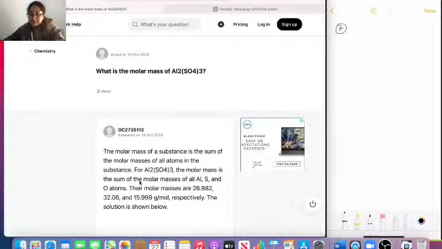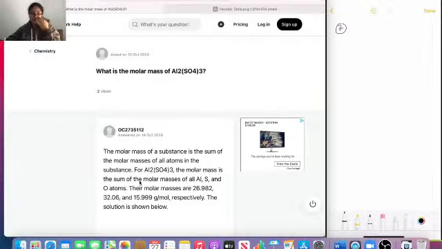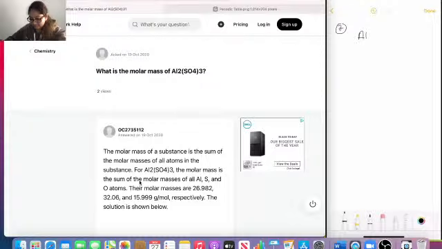So our next question says, what is the molar mass of aluminum sulfate? Okay, so aluminum sulfate. Let's first address how they got this formula.